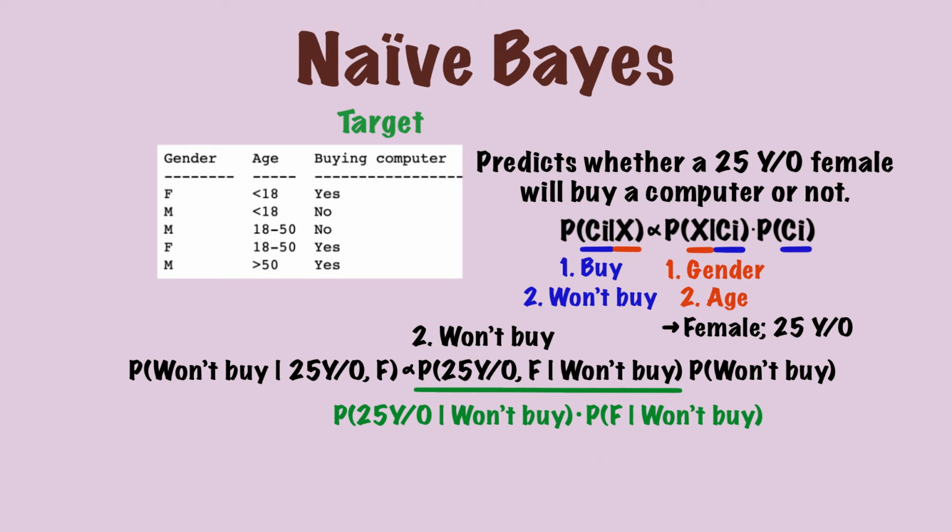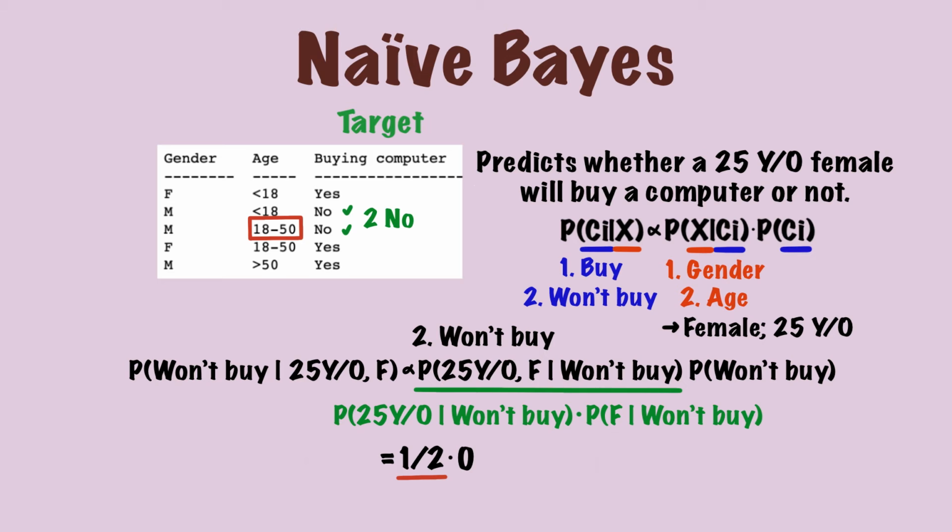Again, we convert the probability of 25-year-old female conditioned on won't buy computer to 2 conditional probabilities, so we can focus on one attribute at a time. In this case, we only need to look at people who don't buy a computer. First, the probability of 25-year-old conditioned on won't buy computer is 1/2, since only one person is in the age range 18 to 50.